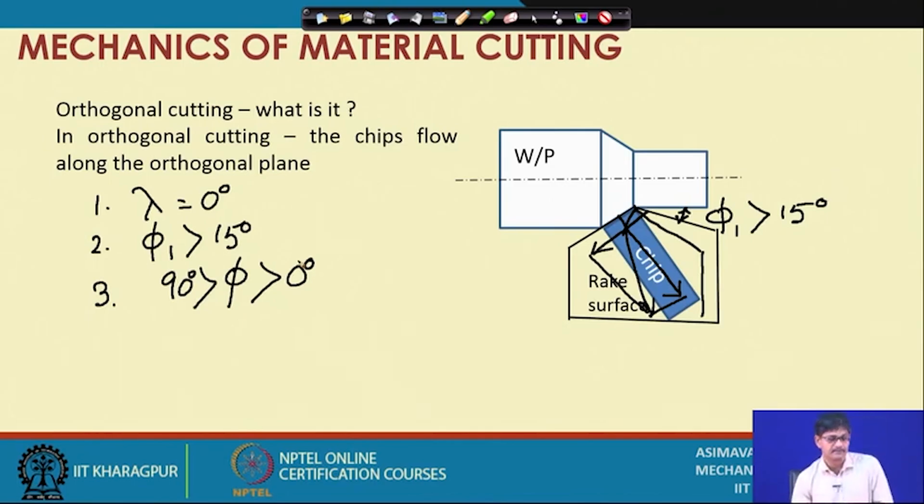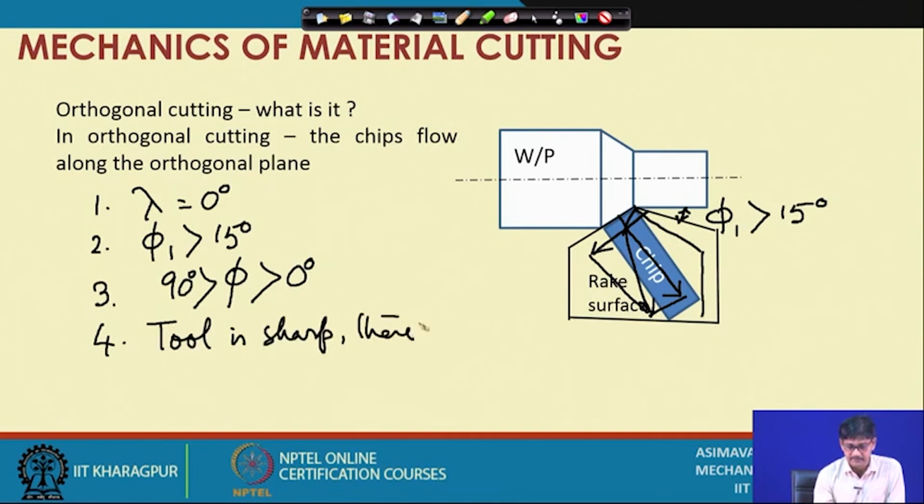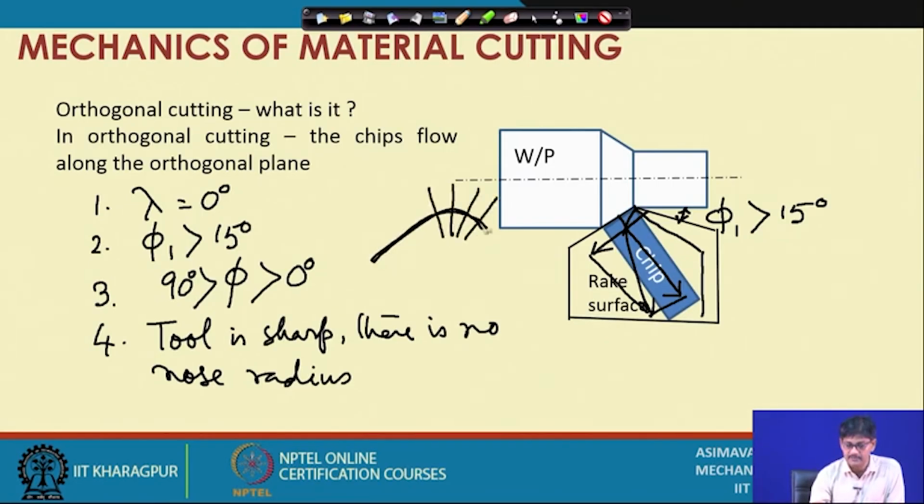Okay. And of course, there are other conditions like tool is sharp, there is no nose radius. If nose radius is present, it will make the cutting edge have different orthogonal planes at different points, and they will contribute to the respective speed vectors from different portions, and there will be ultimately a resultant direction which might not match with this orthogonal plane.